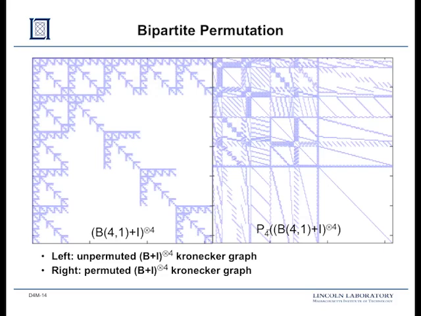If we actually do the computation, this shows the 4,1 bipartite plus identity graph out to the 4th power. You can compute it on out. What you see is this recursive, almost fractal-like structure. That's a nice way to view it, but you don't really see the bipartite substructure in there.